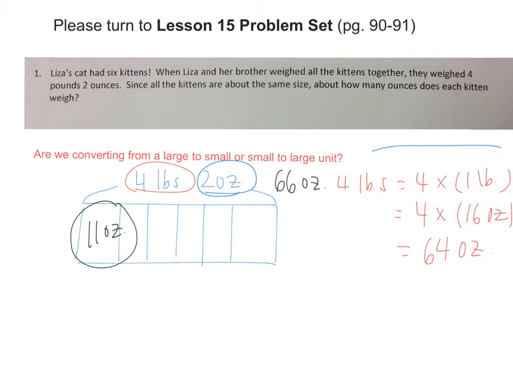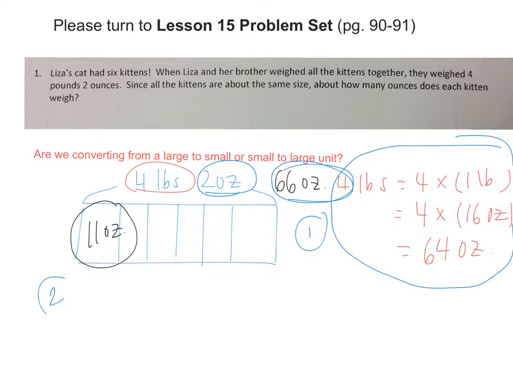Multiply and divide. The first step, you got it, was multiplying and adding to find the total weight. And then the second step, so this is step 1. Step 2 was doing 66 divided by 6 to find the weight of 1 kitten. Okay, so do you see how there's 2 steps to this word problem? The first step is converting, and then the second step is dividing.